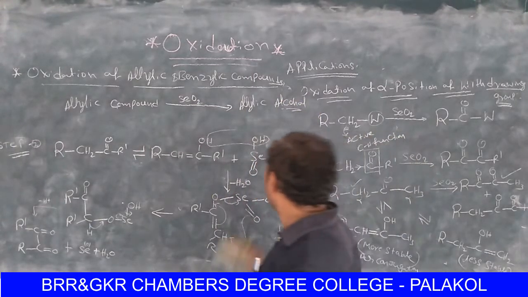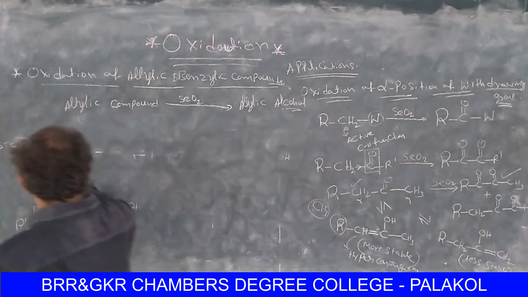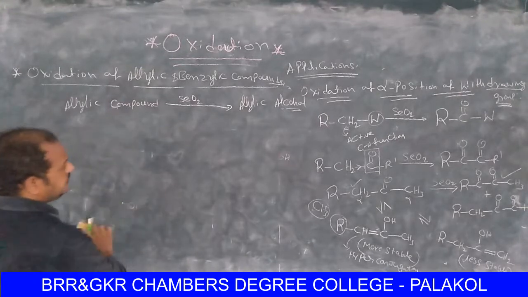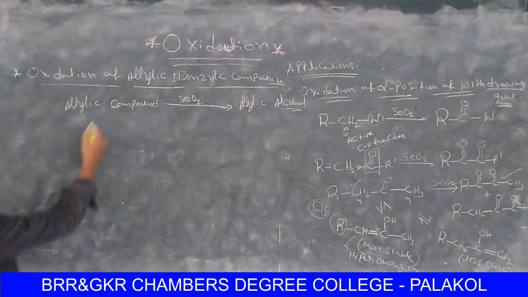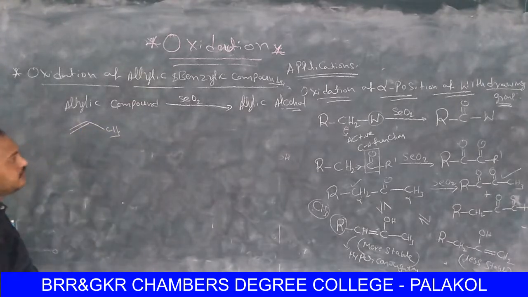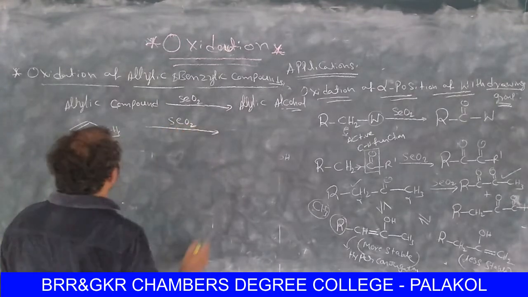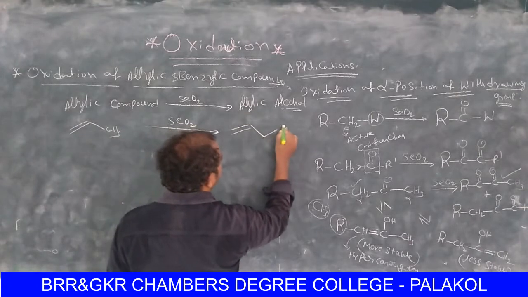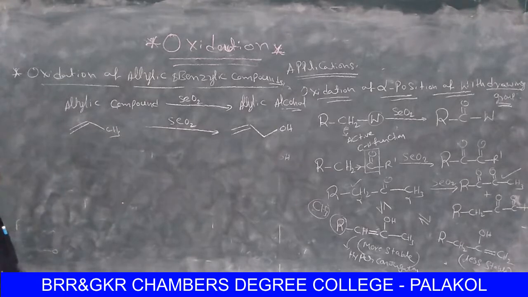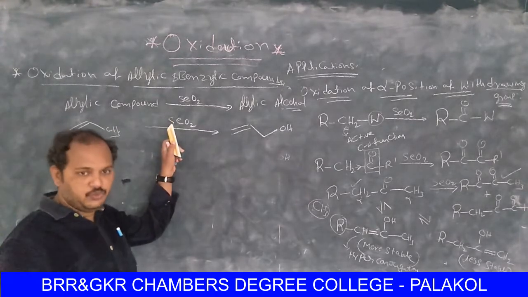For example, let us see one example. Suppose I am taking an allylic compound, just like CH3. If I do oxidation with SeO2, then it is converted to double bond CH2OH. This is allylic alcohol, which has to be achieved with the help of SeO2, right?